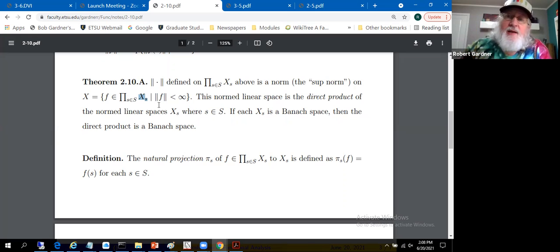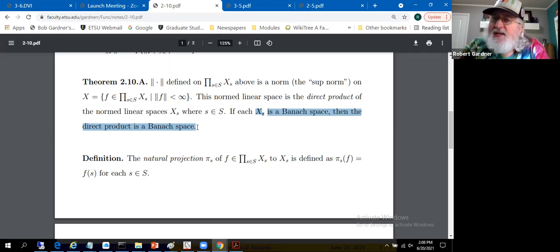That's the direct product. So that's what we're dealing with. Quick little comment. If each of the X sub S's is a Banach space, then the direct product is a Banach space. All right. For us, each of the X sub S's is Y, the completion of Y, which is a Banach space. So the direct product in our setting is, in fact, a Banach space.